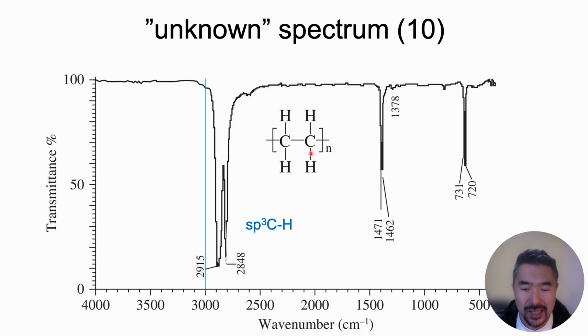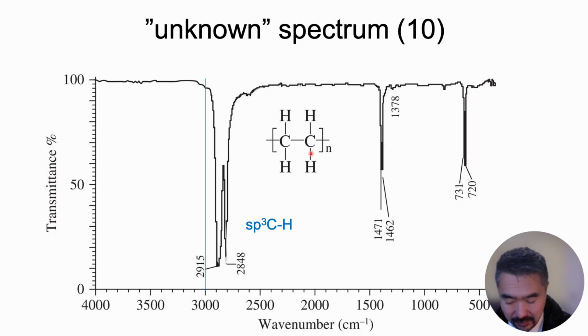Now, this is a polyethylene plastic. It's a polymer made from ethylene, CH2, the ethylene molecule polymerized by a radical reaction typically. And this is what the IR spectrum looks like. The reason why the spectrum looks so clean, with very few peaks, is because it's a polymer.